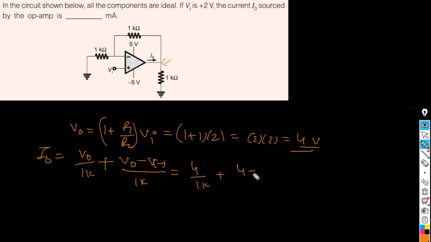We can apply the virtual short concept here, so the inverting voltage is 2 volt, and so the output should be 4 plus 2 milliampere, that is 6 milliampere. So the correct answer is 6 milliampere.